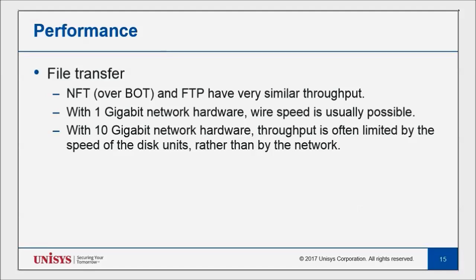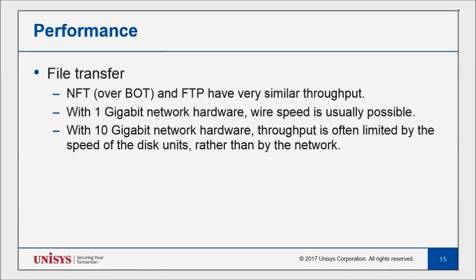Okay, performance of file transfer. Now we'll talk about performance of a real task. The previous performance slides talked about artificial benchmarks. If you use NFT over bot or FTP and you're using TCPIP v3, the throughput will be very similar.